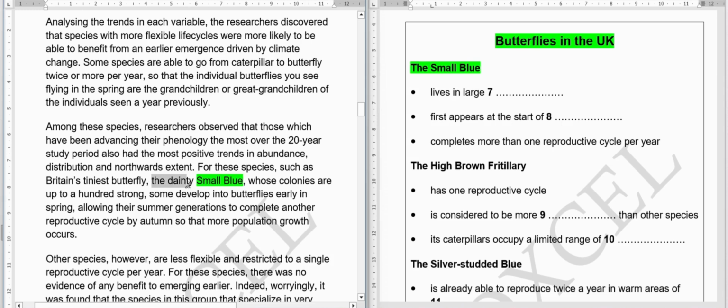The dainty small blue, whose colonies are up to 100 strong. Some develop into butterflies early in spring, allowing their summer generations to complete another reproductive cycle by autumn, so that more population growth occurs.